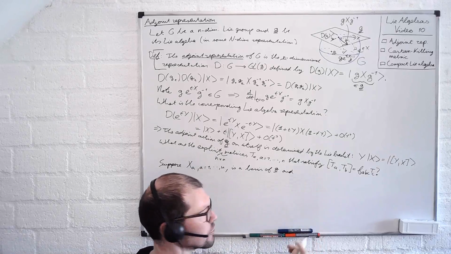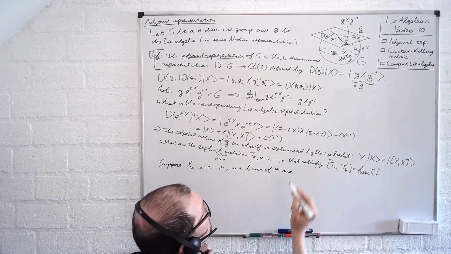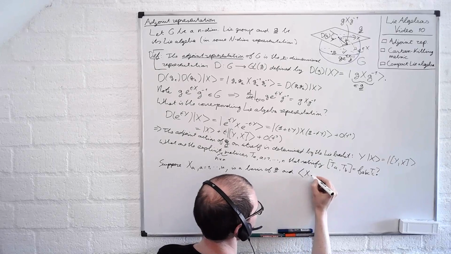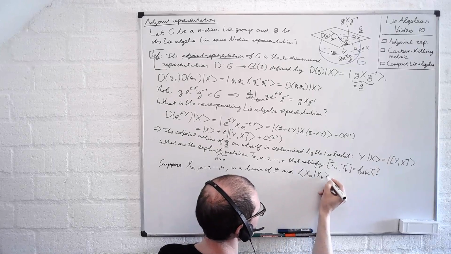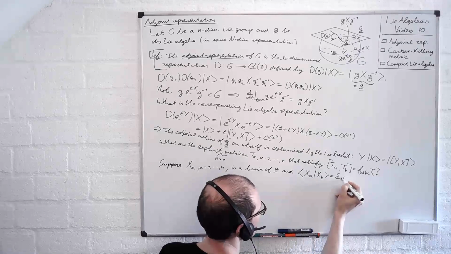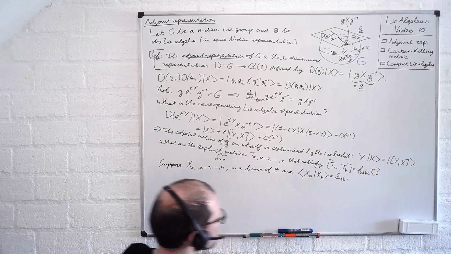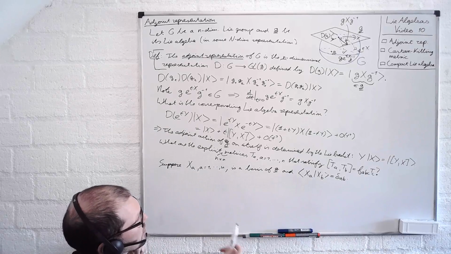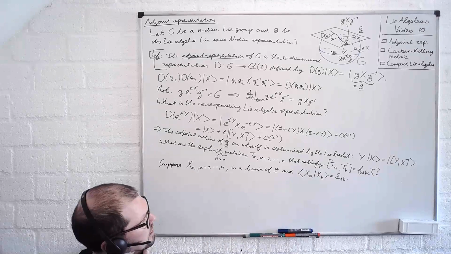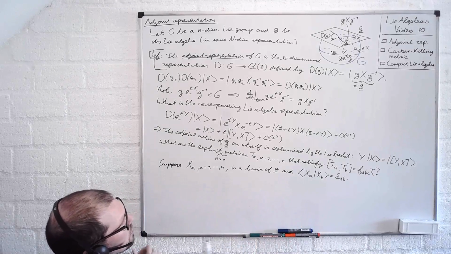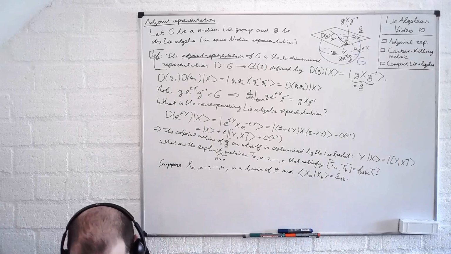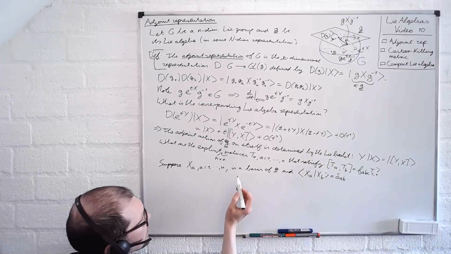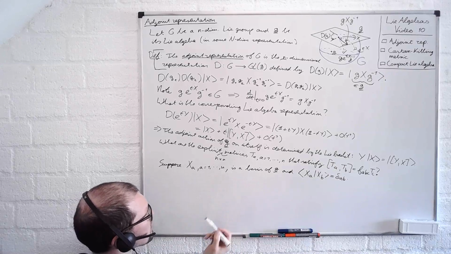And let us introduce an inner product on the Lie algebra such that these generators are actually orthogonal to each other, just for convenience. Then we would like to know what, in this particular basis, the matrix elements of this representation are. So by definition, what are the matrix elements in this basis?